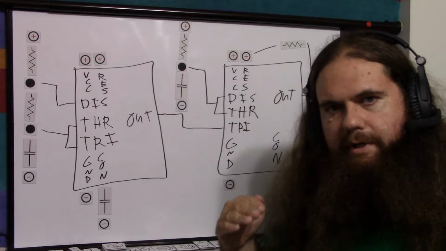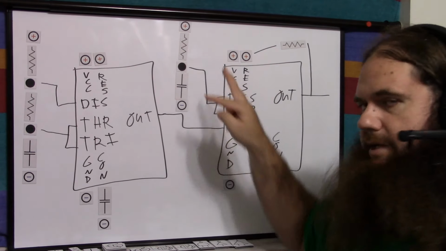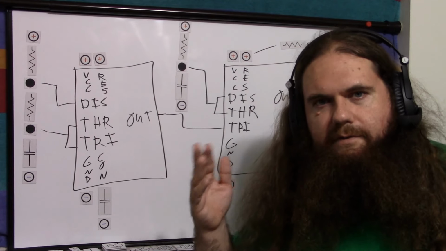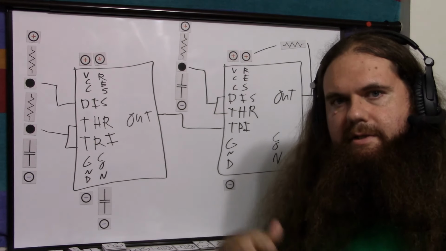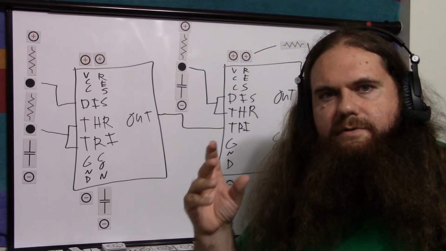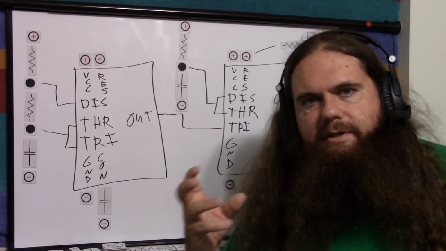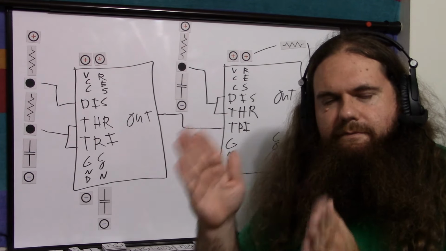Voltage on the threshold pin goes above threshold voltage, timer turns off. The RC network determines the charge time of the capacitor. That's always constant. Remember, it doesn't matter the voltages, it matters the percentage of charge. Capacitors always charge and discharge based on the percentage of charge they are versus the voltage applied.